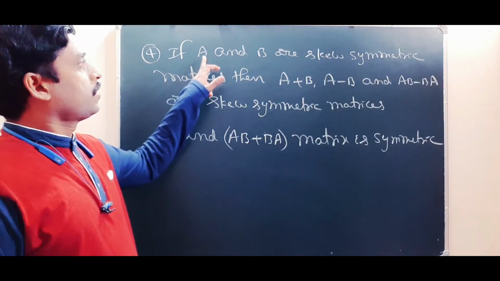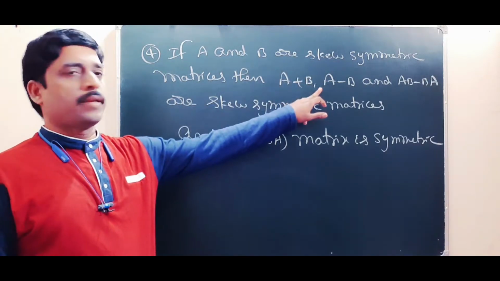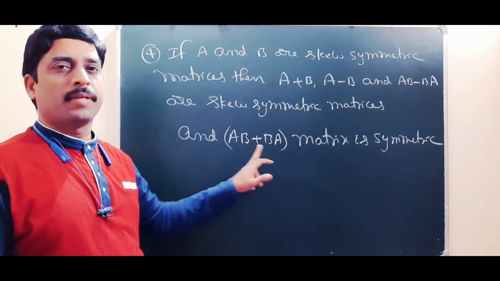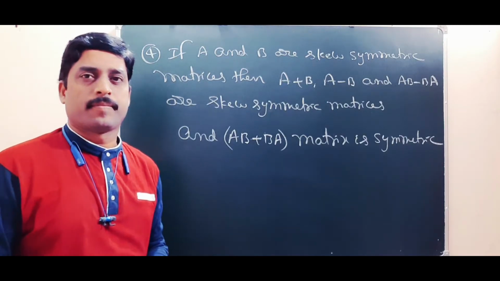So in this point, A and B are skew symmetric matrices. Then A plus B, A minus B, AB minus BA are skew symmetric matrices, and AB plus BA is a symmetric matrix.